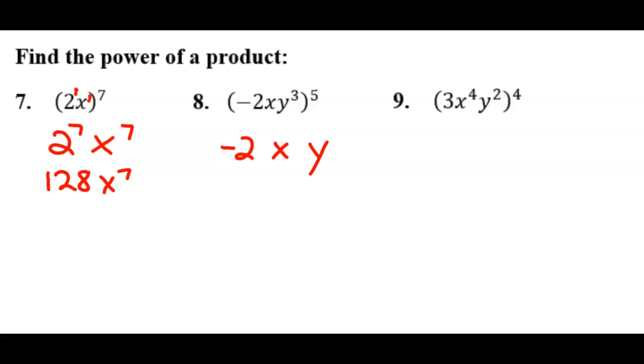What is the exponent in the original problem on my negative 2? 1. The exponent is not x. This is negative 2 times x, not an exponent of x. What is my rule for this? What do I have to do with that 1 and that 5? 1 times 5 is 5. So this is going down to 5, not a 1.